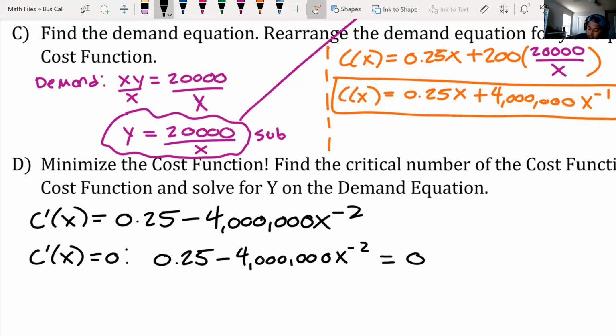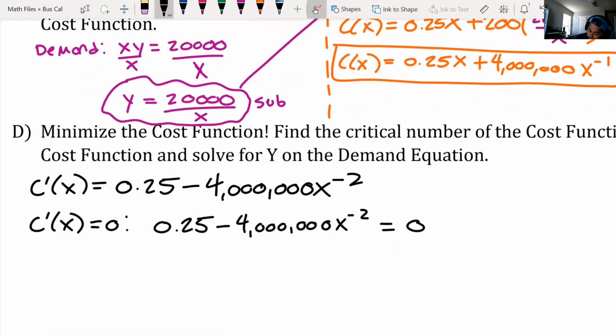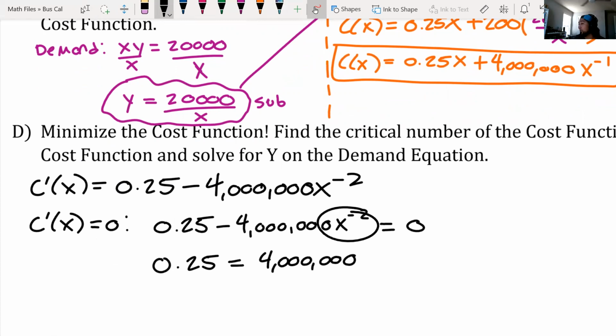Add that 4 million to the right side, and you get 0.25 equal to 4 million x to the negative 2. And what I'm going to do again is take this x to the negative 2 and flip it back to the denominator. And since we're solving for x, we need to get it out of the denominator.